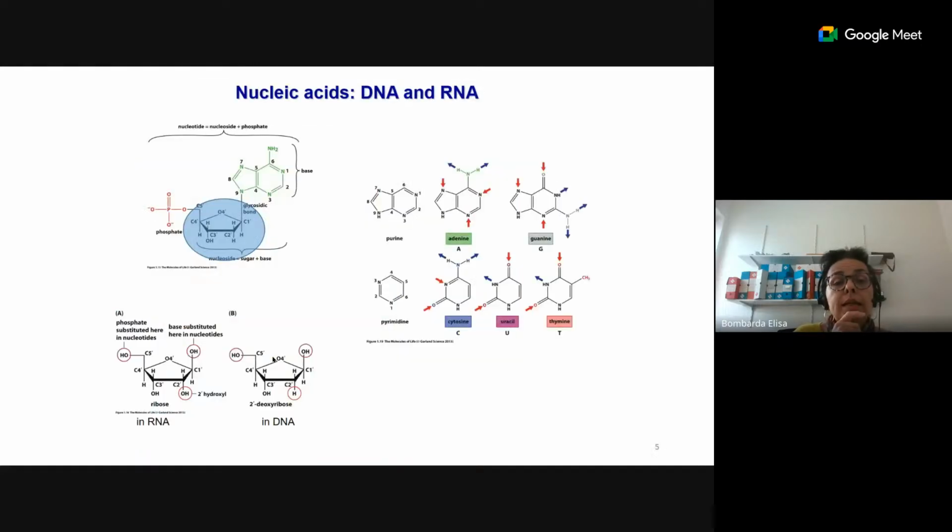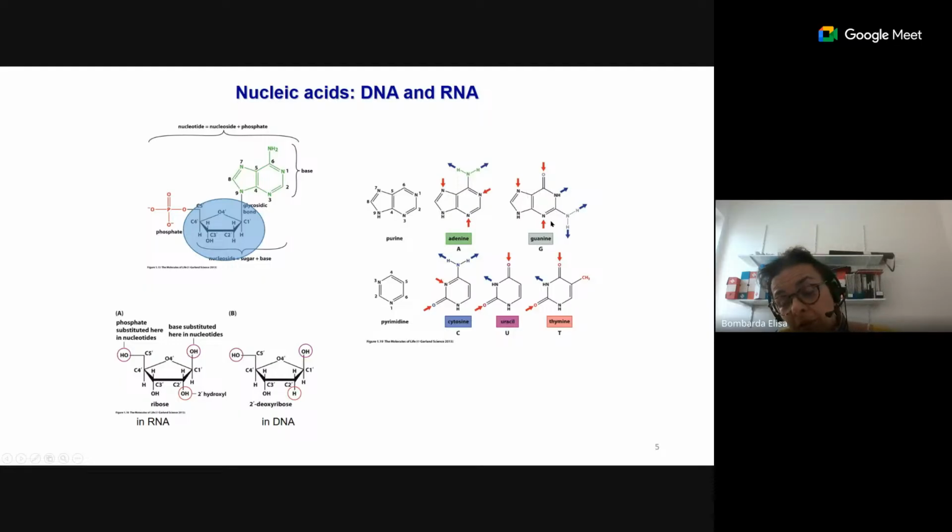So, nucleic acids: the building block is the nucleotide. Here the common part is the sugar and the phosphate, and what changes is the base, of which there are 4.